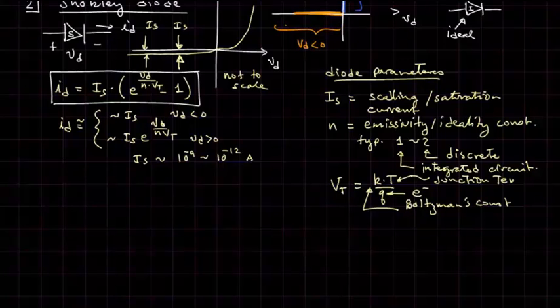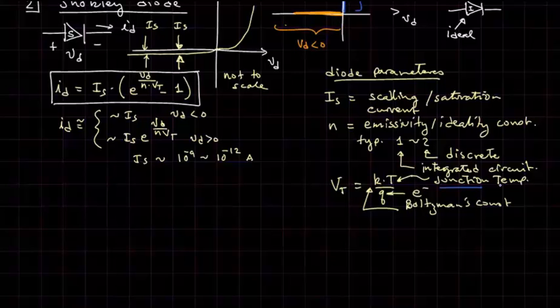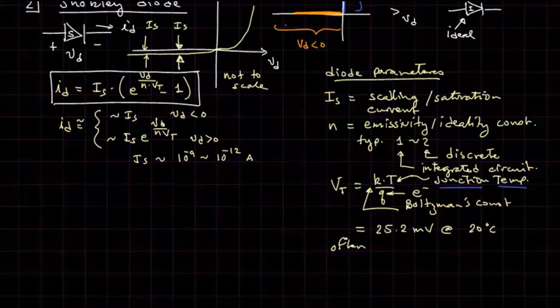Really the junction temperature is the only one that will actually change. Here's a typical value, 25.2 millivolts at, I think, 20 degrees C. So we often use 25 millivolts, or 1/40th of a volt, for room temperature problems.